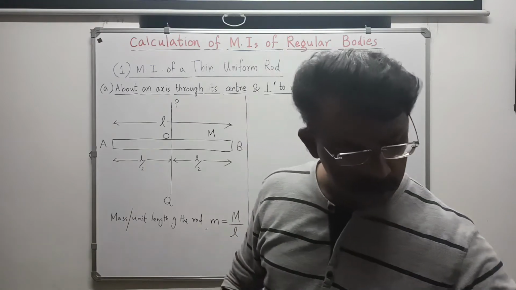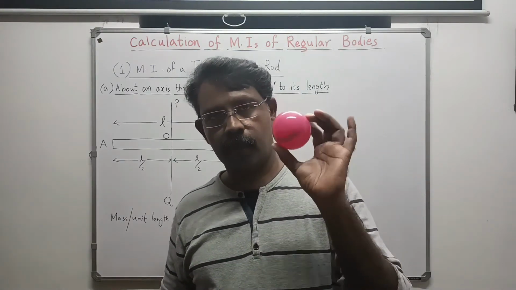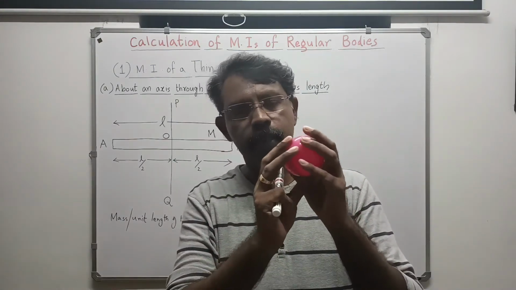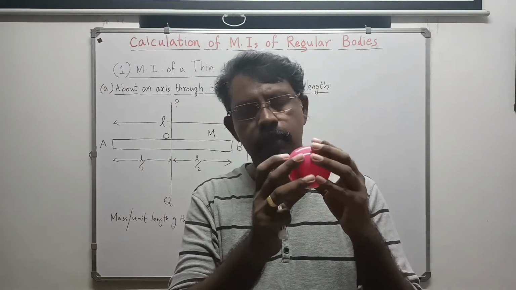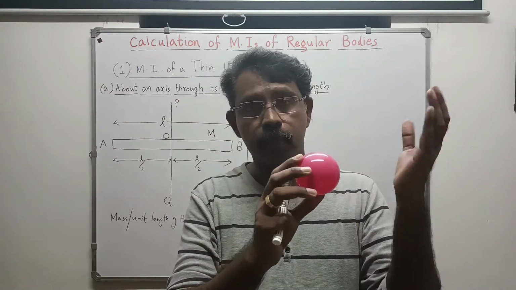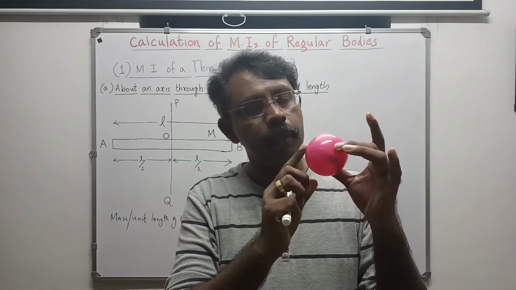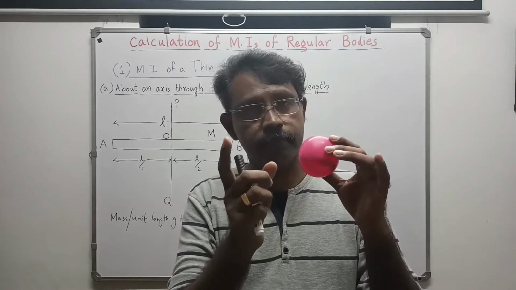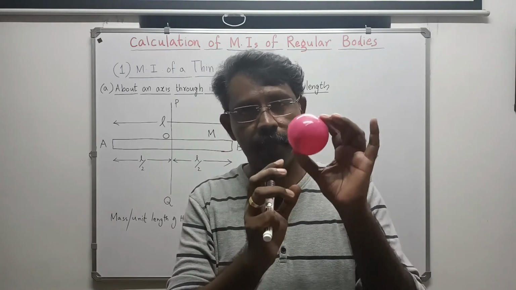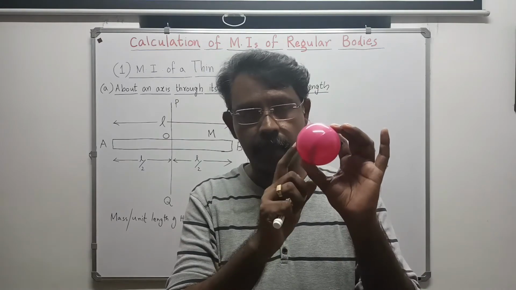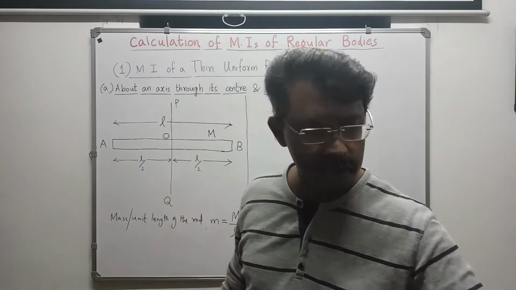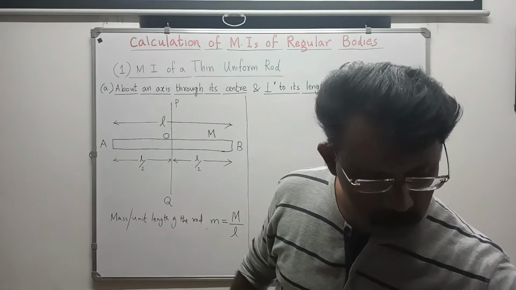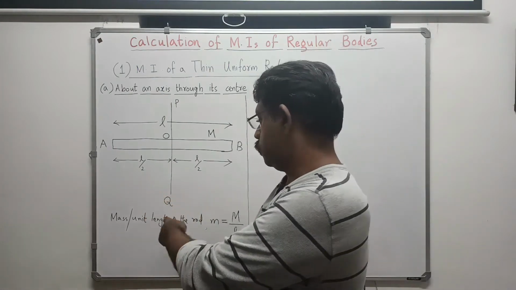Similarly, in the case of a sphere, the first quantity in the derivation will be the mass per unit volume. Here we have taken the mass per unit length of the rod.